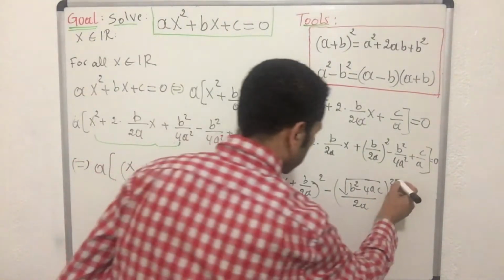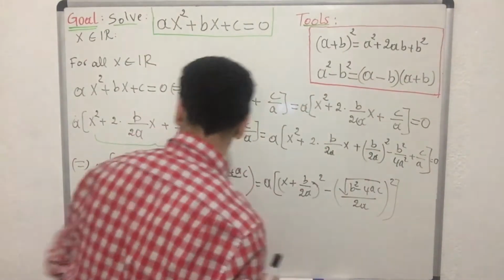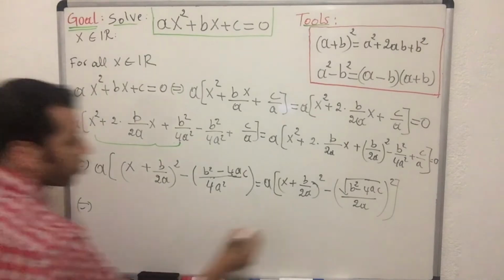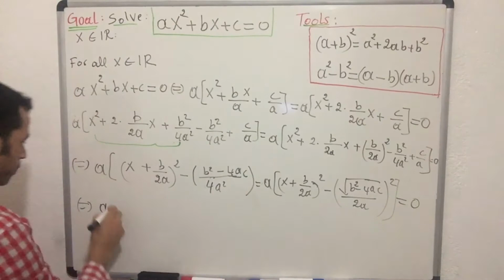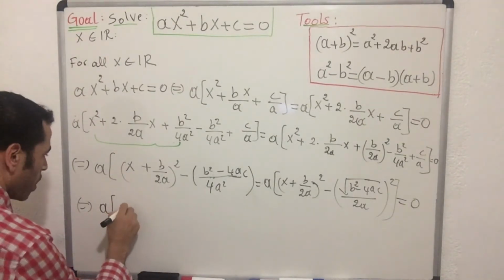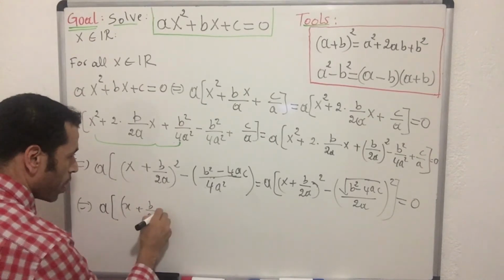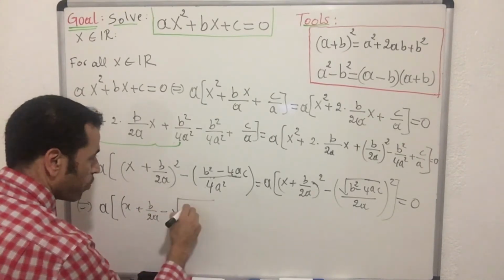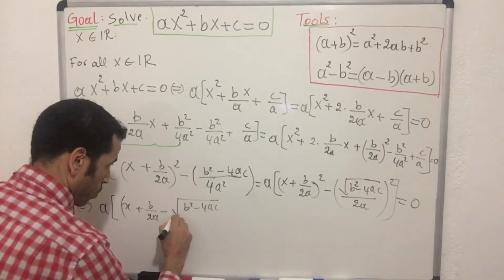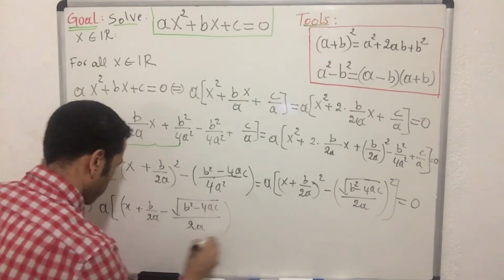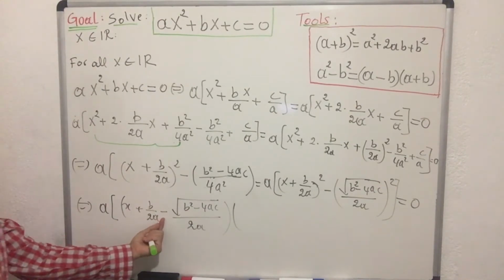So what's coming next? This one I can factor in this form. Let's leave a outside. So x plus b over 2a minus square root of b squared minus 4ac over 2a, product of the same thing with a plus sign in the middle.